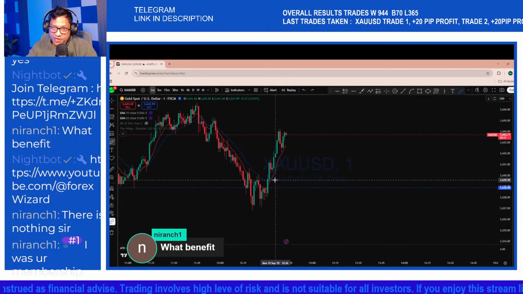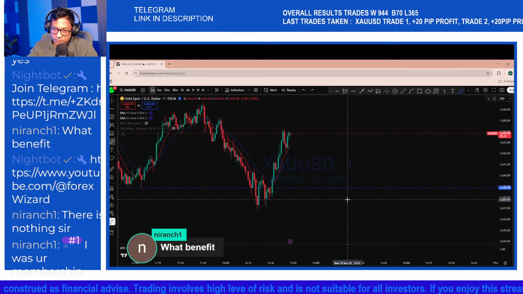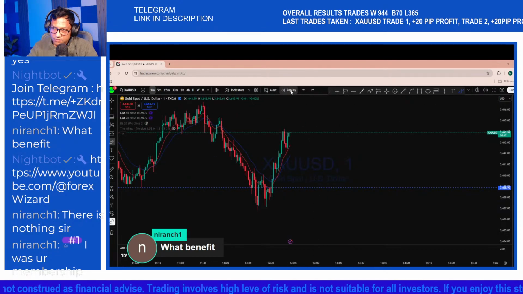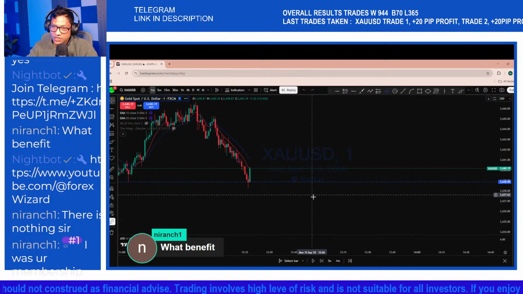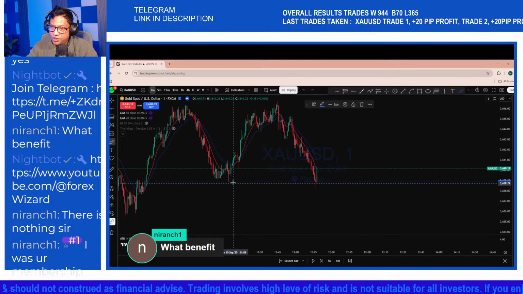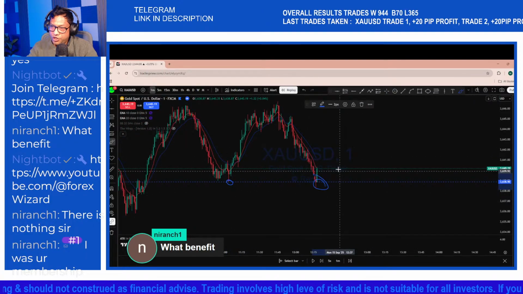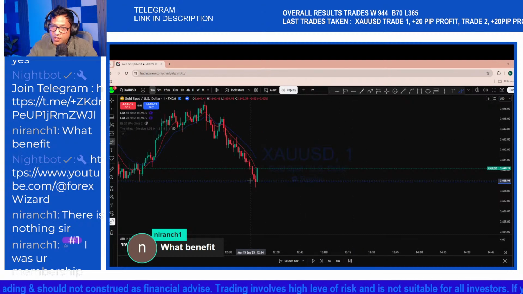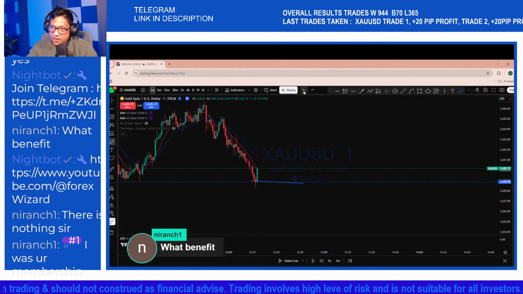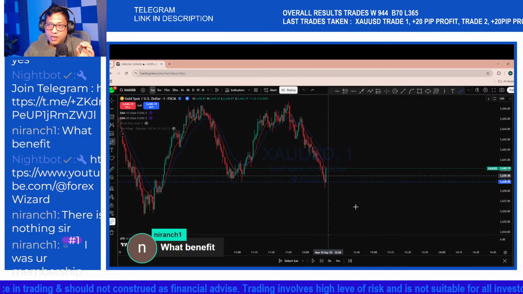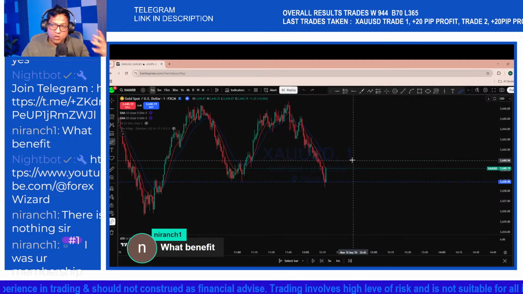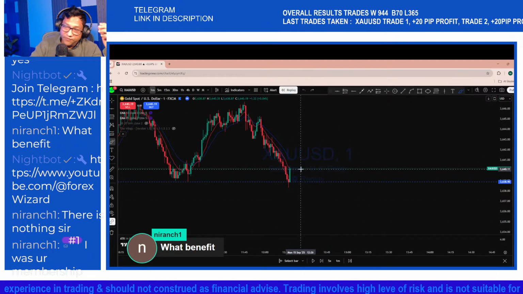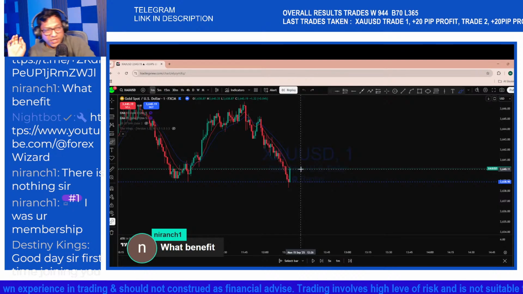For example, here if you look at the 1 minute chart, when we entered this trade, you can see there is support here, also support here. And when we got in the trade, it's in a strong downtrend, right? Some might argue that, okay, it's a very strong downtrend, so you are trading against the trend.